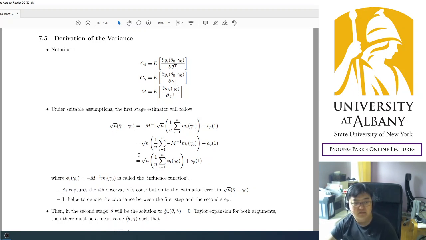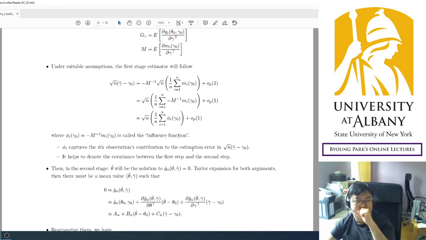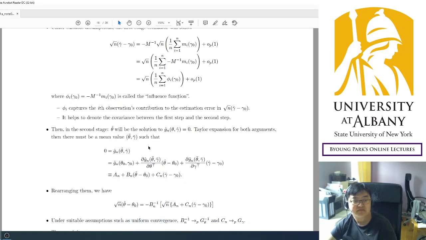So now let's consider what happens in the second stage. First stage is standard. It is exactly the same as what we did in chapter 3, but in the second stage, it's slightly different. The reason is, we have two arguments. The moment function has theta and gamma as its arguments.